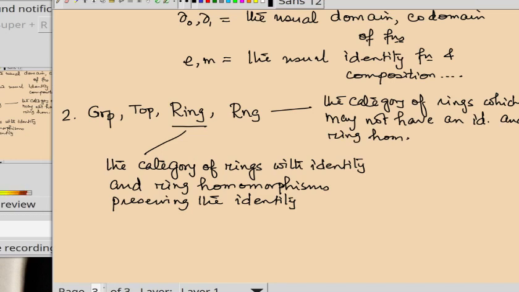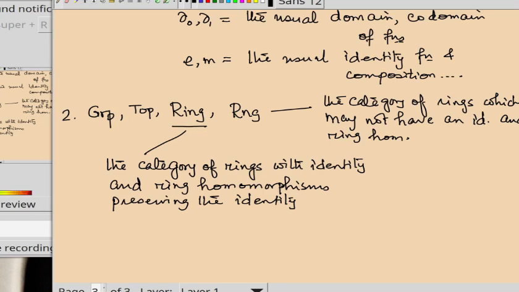So for instance, the ring of even integers is an object in Rng, but not an object of Ring, because even integers doesn't have a unit.